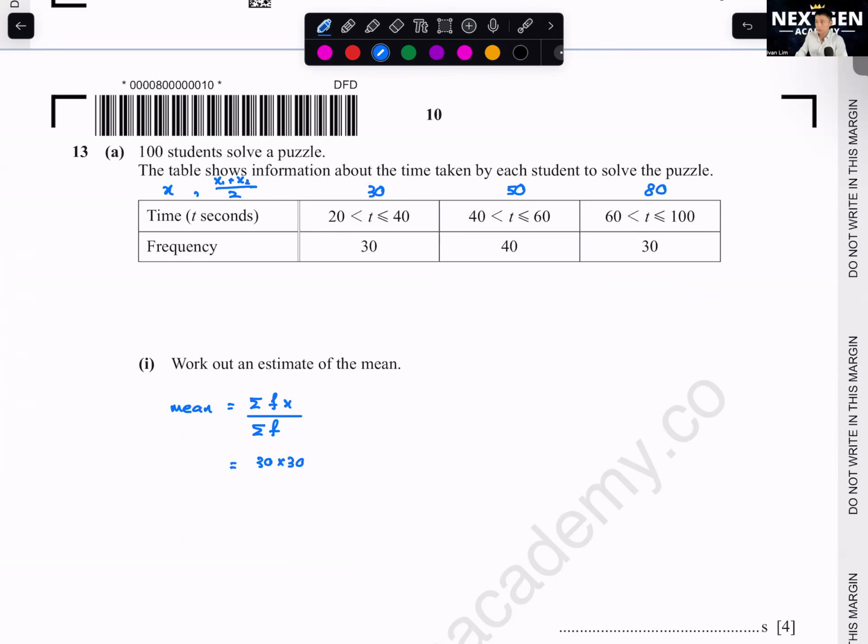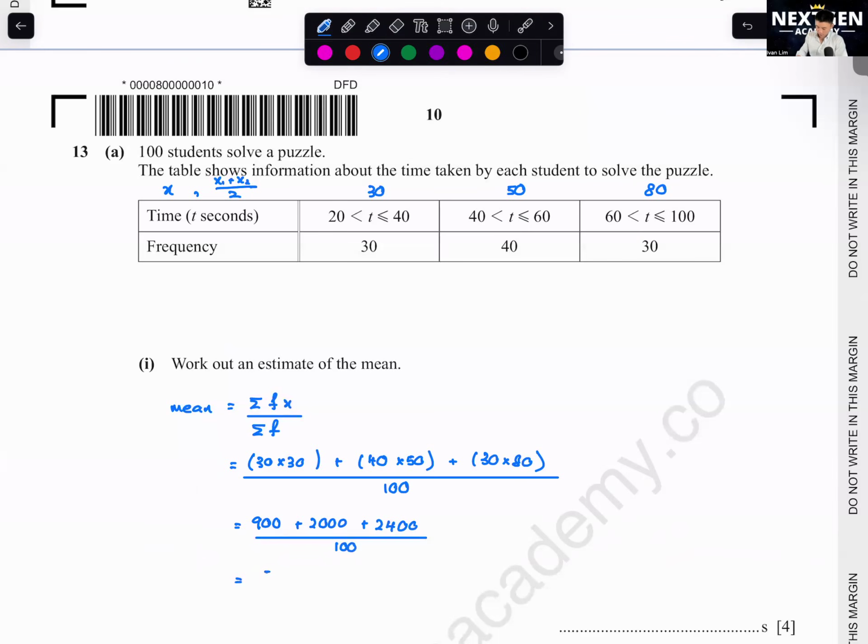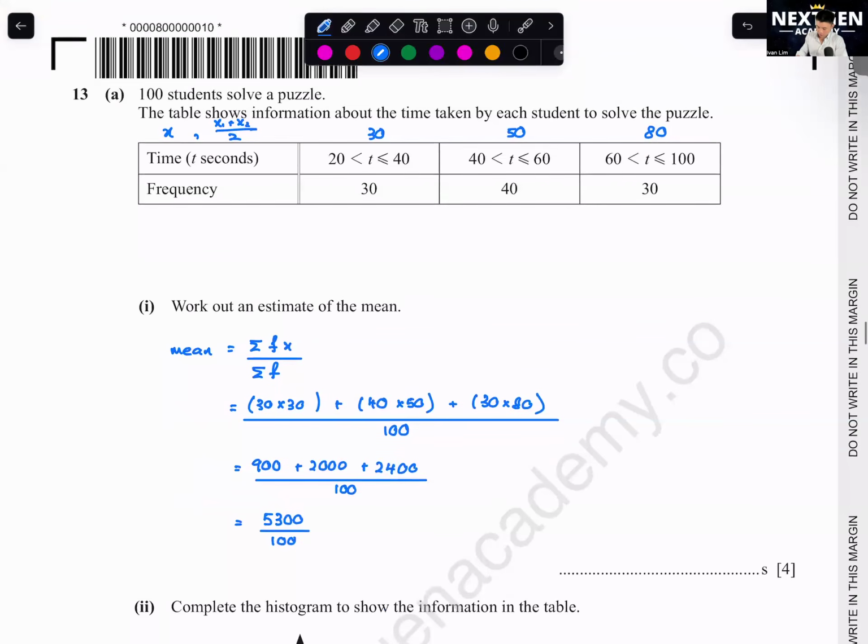So 30 times 30 plus 40 times 50 plus 30 times 80 over the total, which they normally give you in the question, 100. 900 plus 2000 plus 2400, we'll get 5300 over 100. We'll get 53.